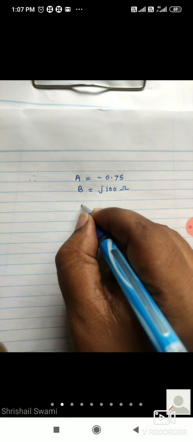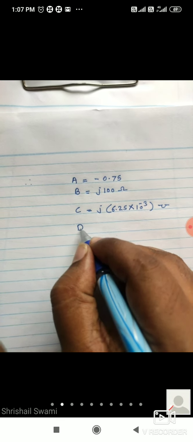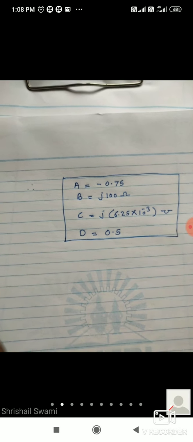B is equal to J100 ohm. C is equal to J into 6.25 into 10 raised to minus 3 mho, and D is equal to 0.5. So these are the answers of the ABCD parameters. So you can write here the ABCD parameters.